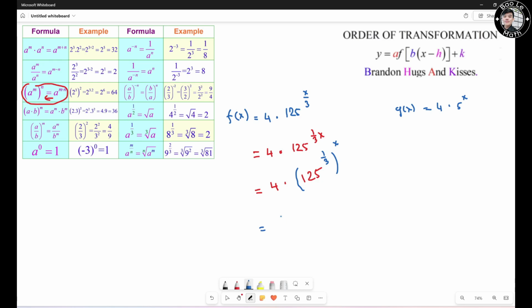Now next one, I have 4 times 125 raised to the power of 1/3. So I use the formula right here. So it turns out to be the cube root of 125, all together raised to the s, right? So it turns out to be 4 times the cube root of 125, which means 5. So I have 5 raised to the s, and it's exactly the same thing right here.